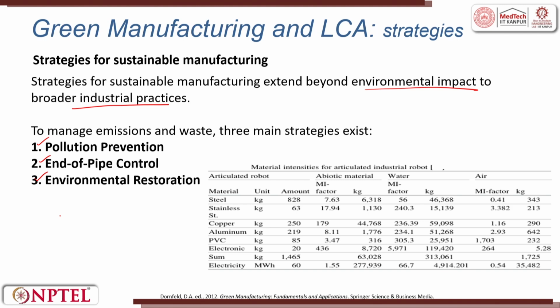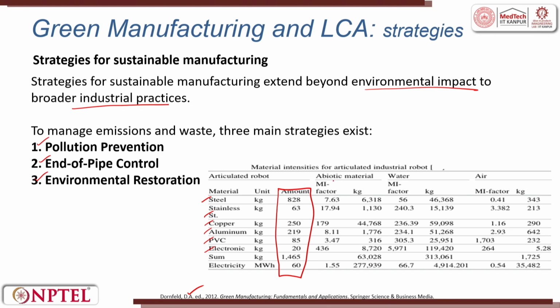This is the table that gives you the intensity of an articulated industrial robot, in which you can see the material is steel, stainless steel, copper, aluminum, PVC, or electronic materials. The amount of material used is given here for the specific robot that is being manufactured. This is also taken from a study. And you can see the intensity of resources which are there.